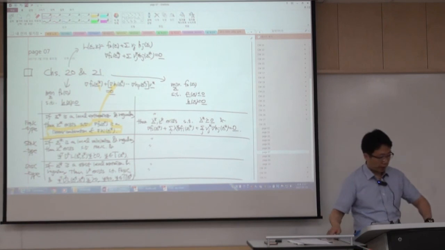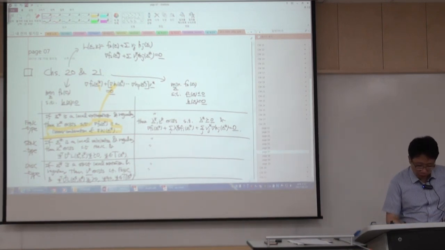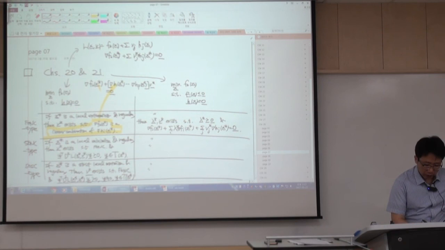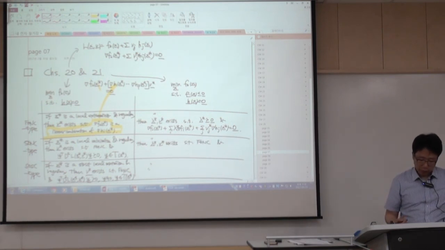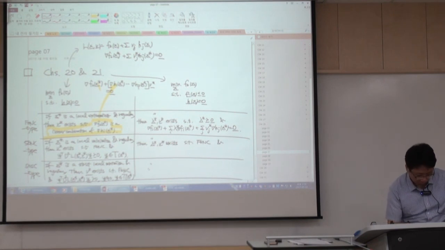Now, for chapter 21, the story is like this. Then lambda star, nu star exist such that the first order necessary condition holds and y transpose Hessian of L at x star, lambda star, nu star, y is greater than or equal to 0 for all y in the tangent space.